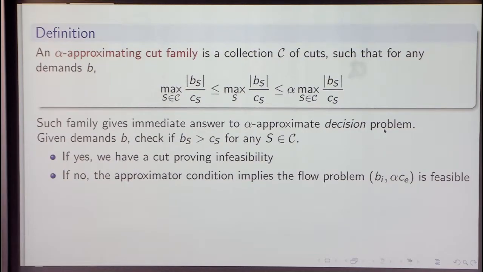But on the other hand, if according to just looking at those cuts in that family, it looks like it would be feasible, then the approximator condition says that in fact, if I were to scale up the capacities by alpha, the flow problem is feasible. So this is going to be the key ingredient to our algorithm.